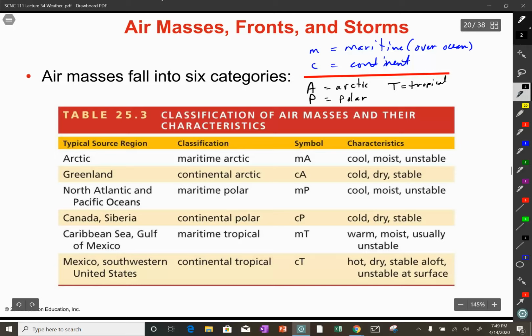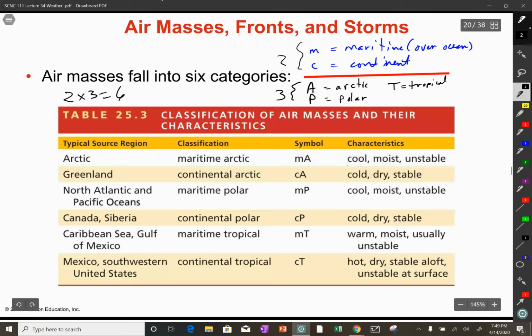So Arctic is the farthest north, polar is the middle, and tropical is near the equator. And so if you put those together, 2 of these, 3 of these, that gives you 2 times 3 equals 6 options.